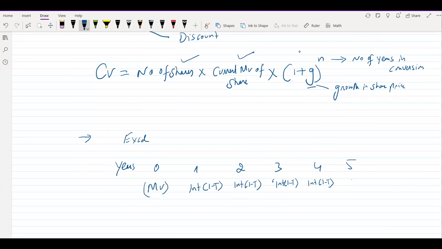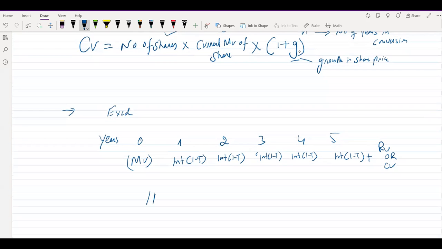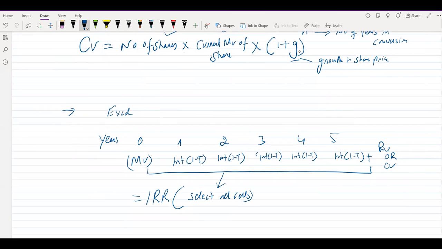And in last year, interest तो मिलेगा after tax plus either redemption or conversion. Calculate the IRR. Select all cells. That's how you will calculate the KD. इस तरह से आप KD निकालेंगे.